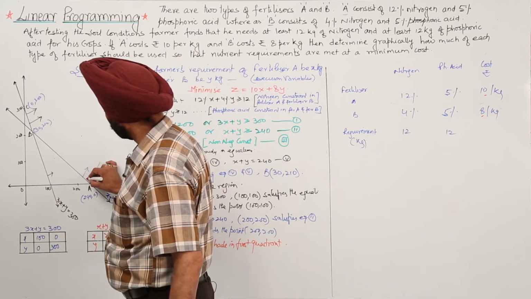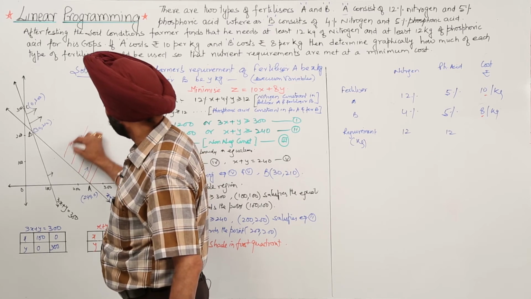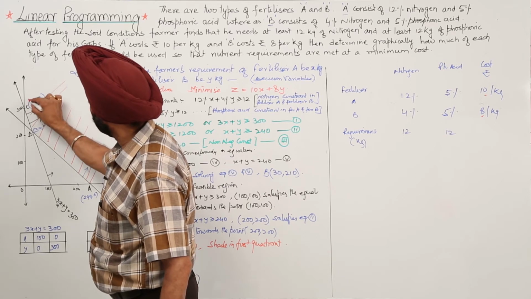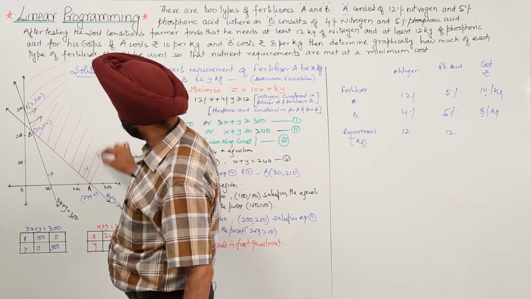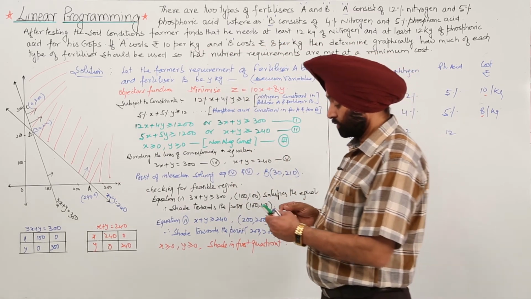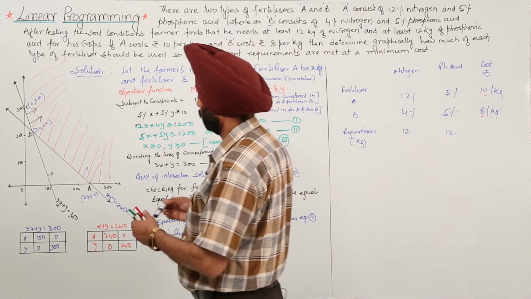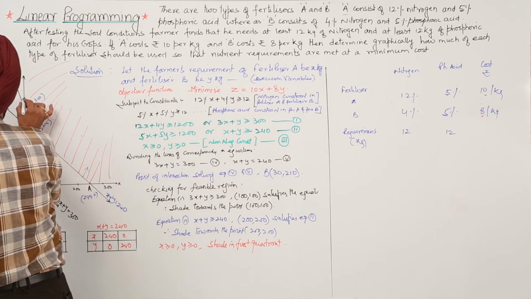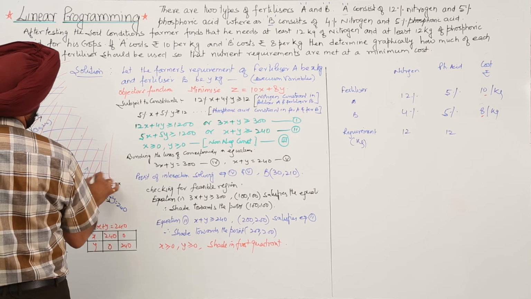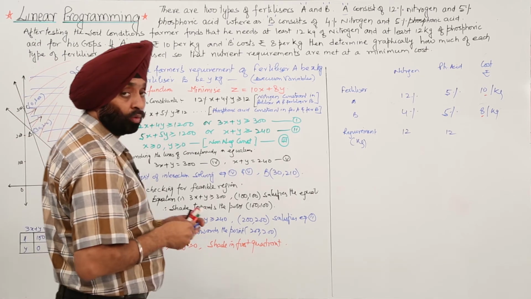Shading will be this side, the common area. This side. This is the shading part. Okay. So this is the common area, unbounded area.